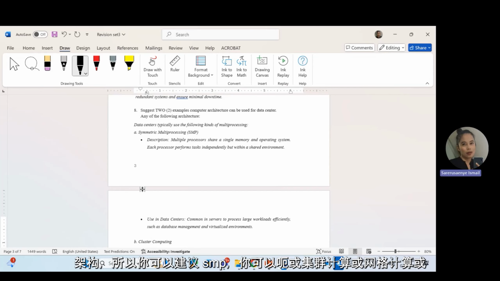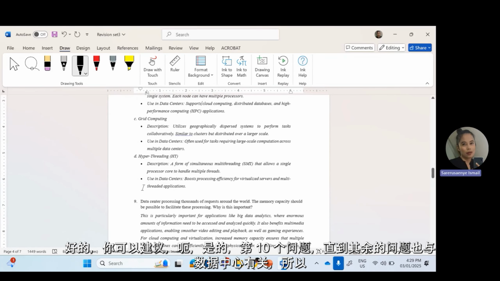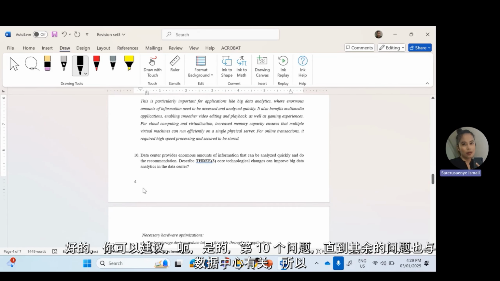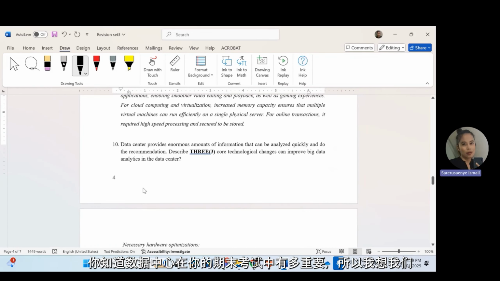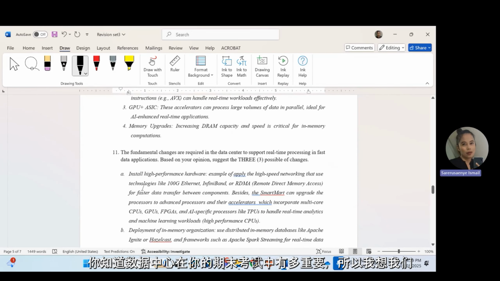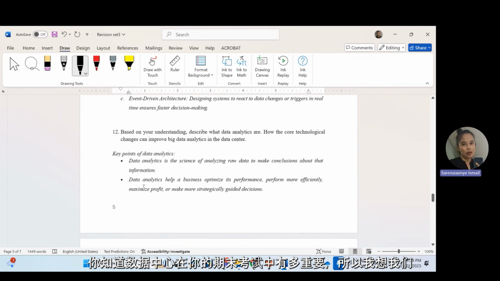You can suggest SMP, clustering computing, grid computing or multi-thread computing. Make sure that you give a brief description of what it is when you suggest. And question number 10 until the rest are also about the data center, so you know how significant the data center will be in your final exam.